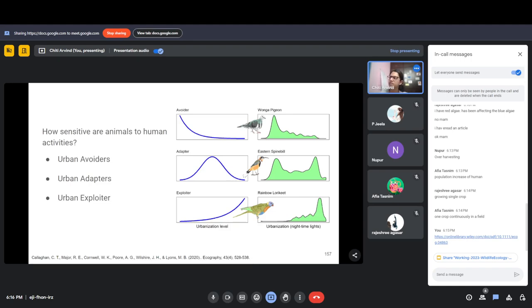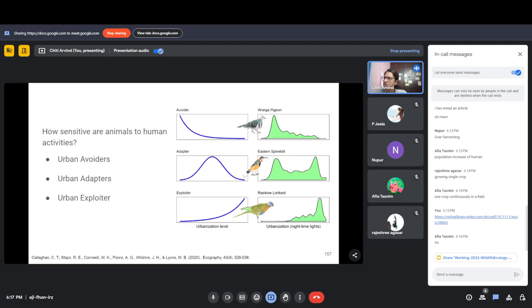Urban avoiders, urban adapters, and urban exploiters? No, okay. So, is there any sense that can be made from this graph?